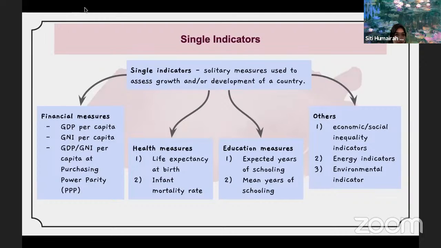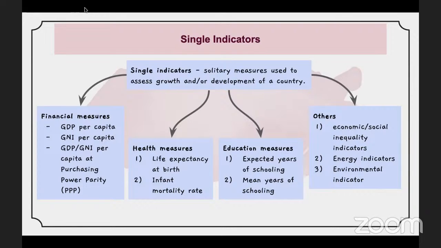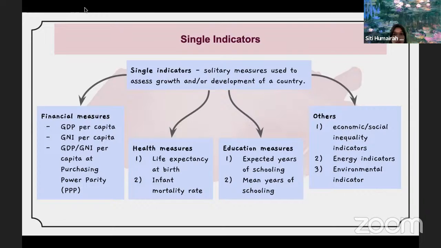We can measure health by calculating the life expectancy at birth or infant mortality rate. Number three, we can also measure the development of a country using education measures, by knowing the expected years of schooling and mean years of schooling. And lastly, we can also measure development by referring to economic or social inequality indicators, or energy indicators, or environmental indicators. I will explain in the next slides.